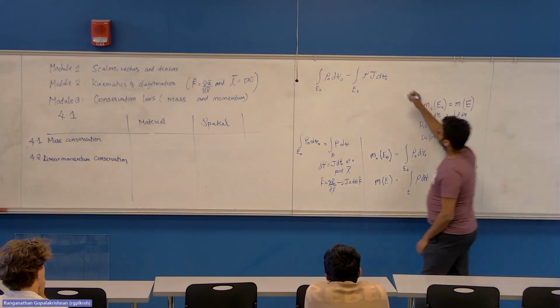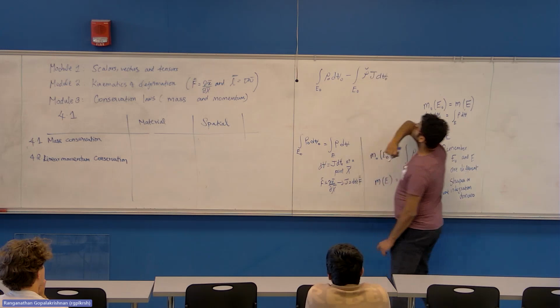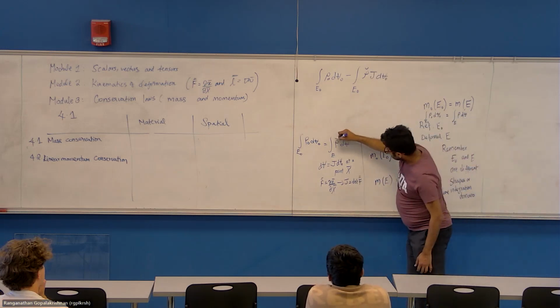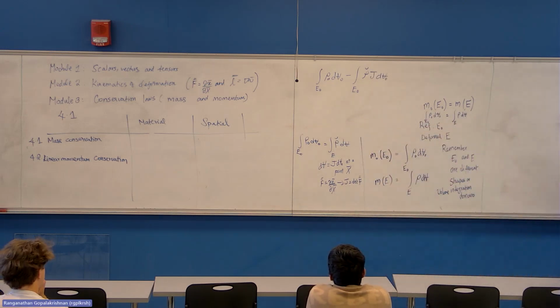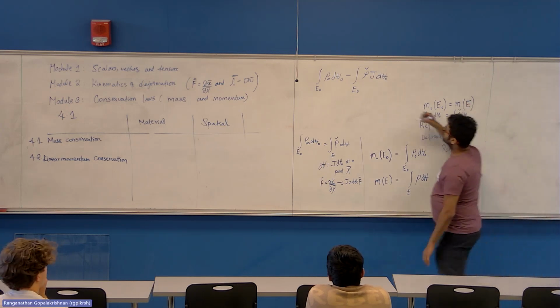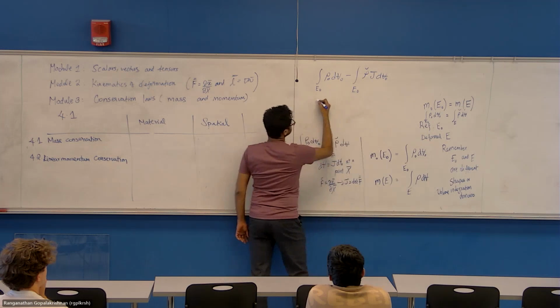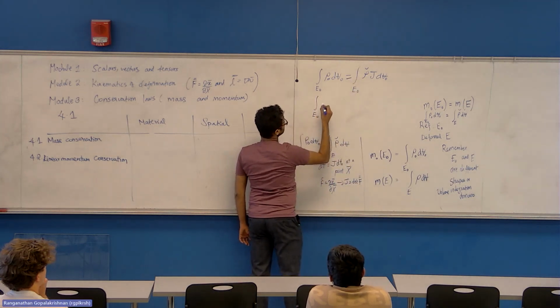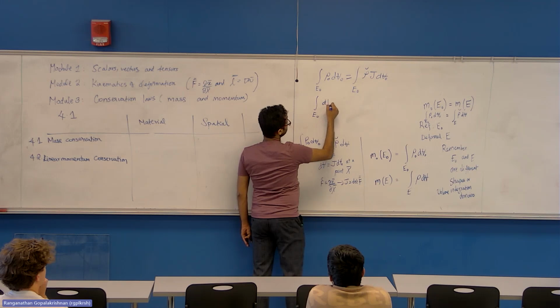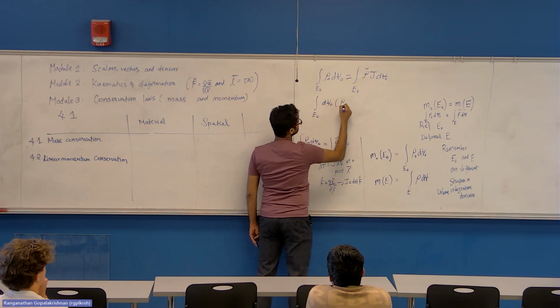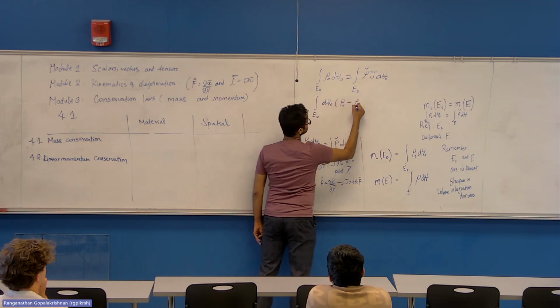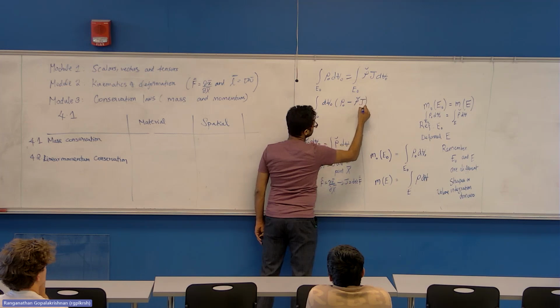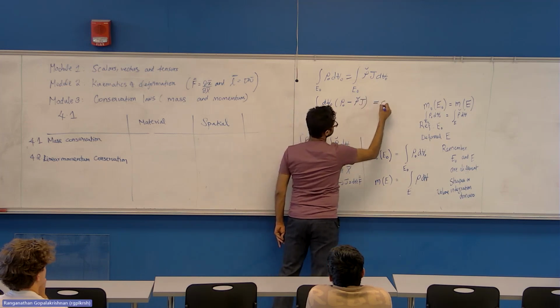Here rho is in the material coordinates. So this is the integral over E naught of dV naught times (rho naught minus rho tilde times J) equal to 0.